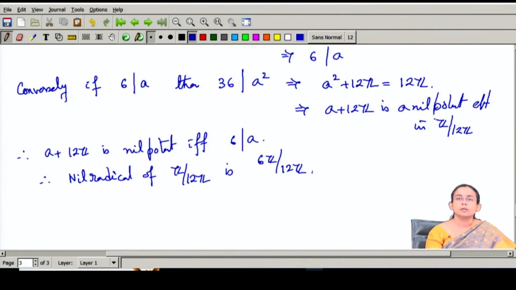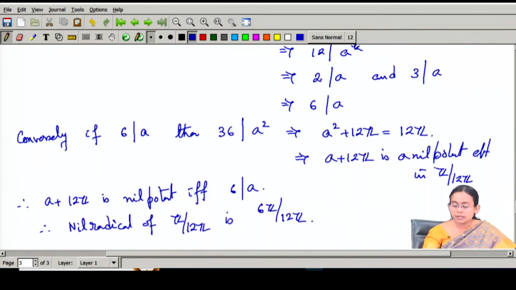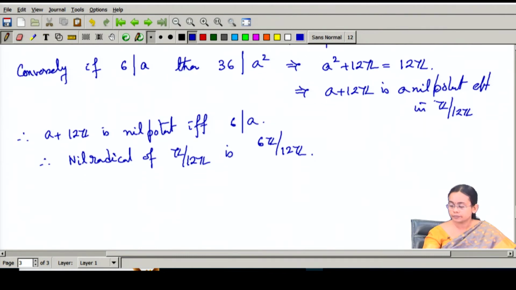So, this identifies the nil radical of this quotient ring Z quotient 12Z, and you can generalize this idea for any arbitrary n, and you can write down what will be the nil radical for Z quotient nZ from here.